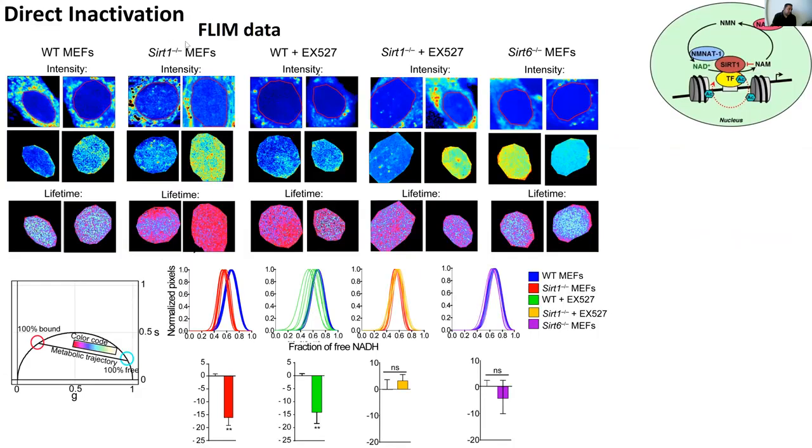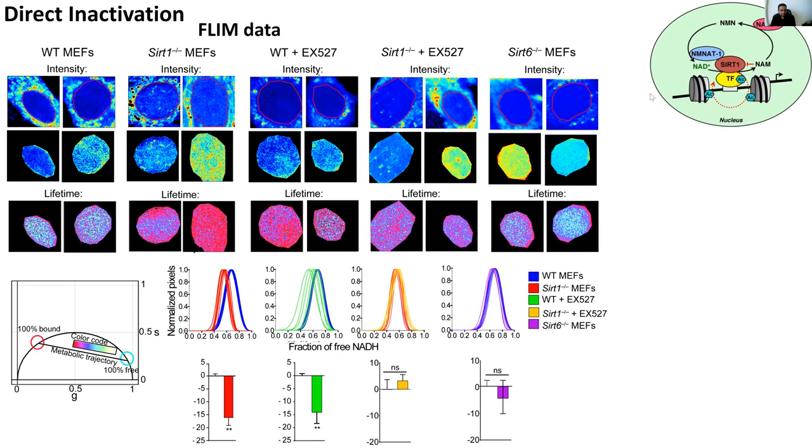So to show the data, this is basically the FLIM data from the nucleus. You see the images, then they are marked for only the nucleus, and then they are looked at for the lifetime. And between wild type and SIRT1 negative cells, so inactive cells, you see there is a change. This blue is the wild type, red is the SIRT1 negative. It goes more towards bound NADH.